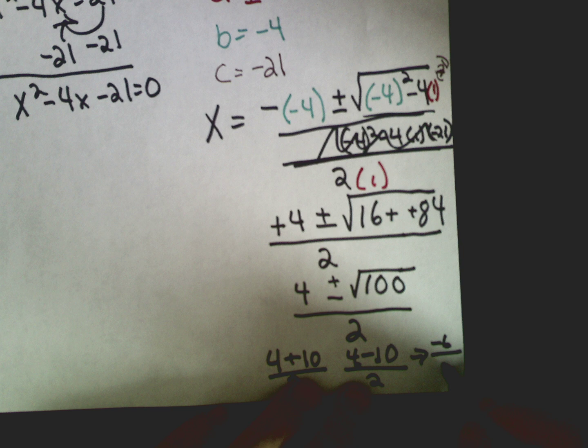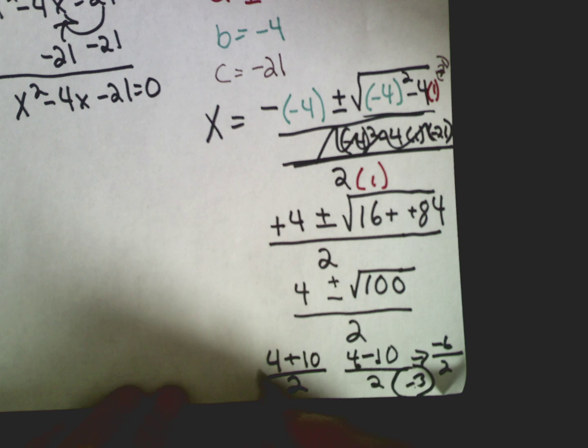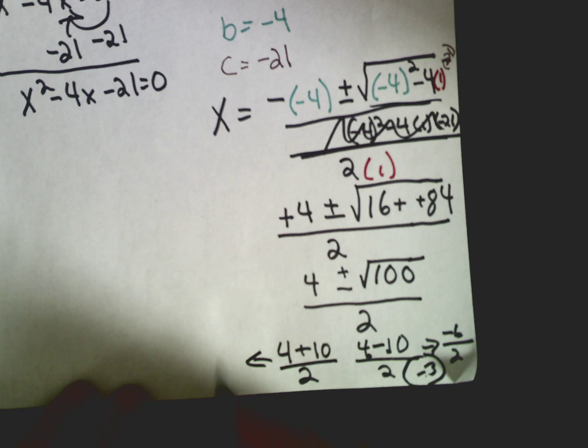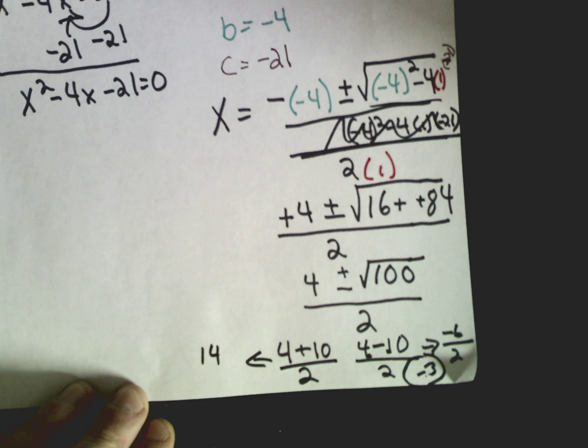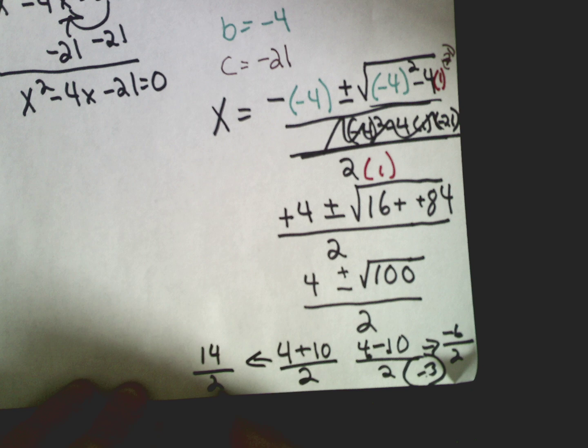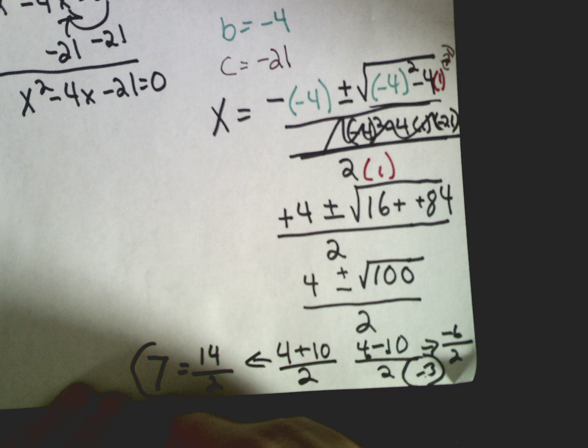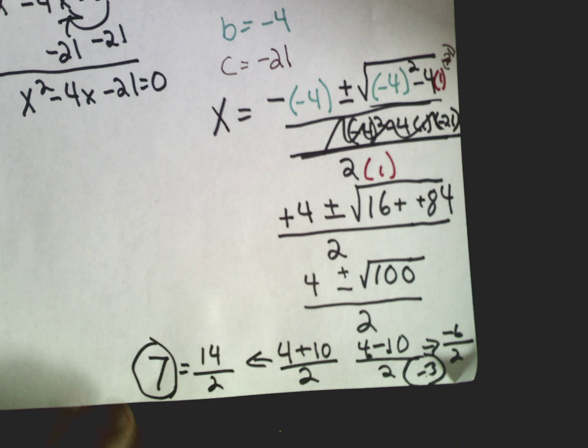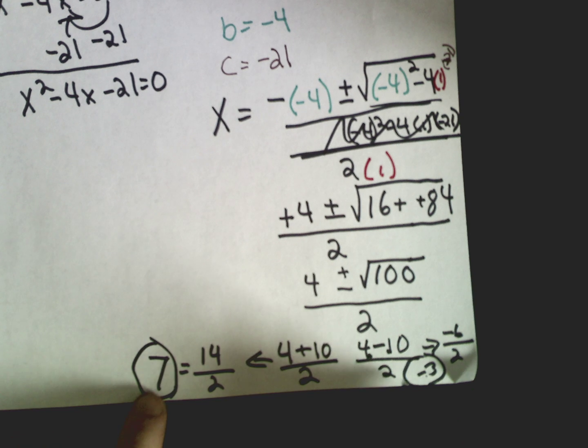Negative 6 divided by 2 is negative 3. So that's one solution. Over here, 4 plus 10 is 14, and 14 divided by 2 is 7. Here's our other answer. So the two solutions are 7 and negative 3.